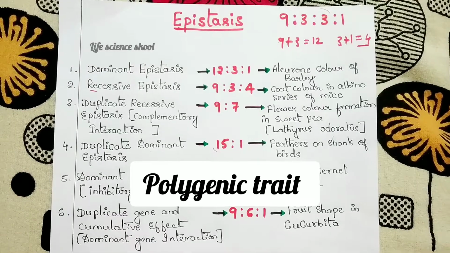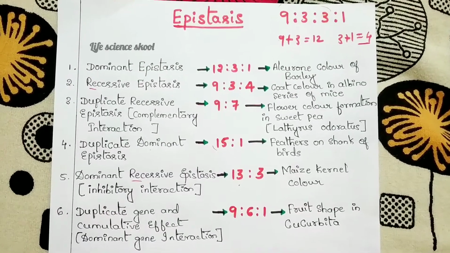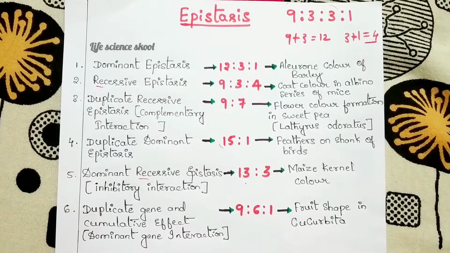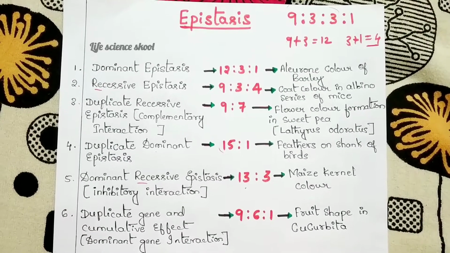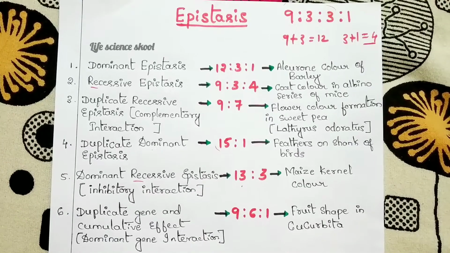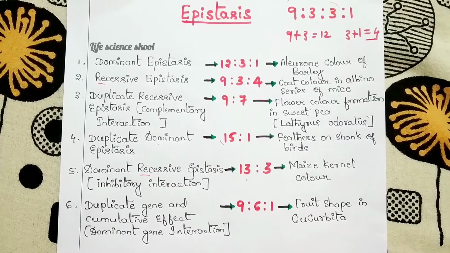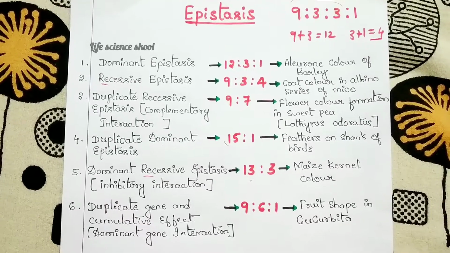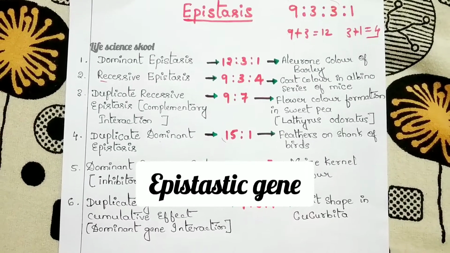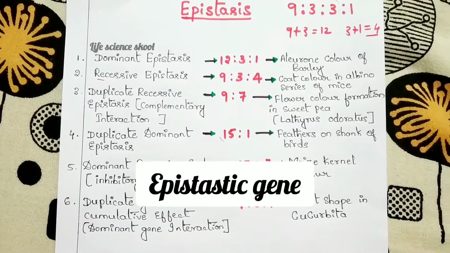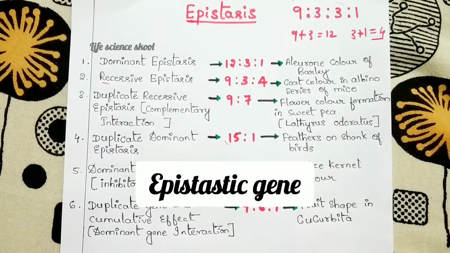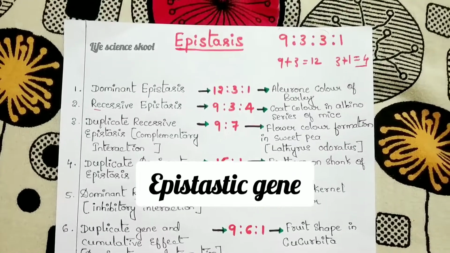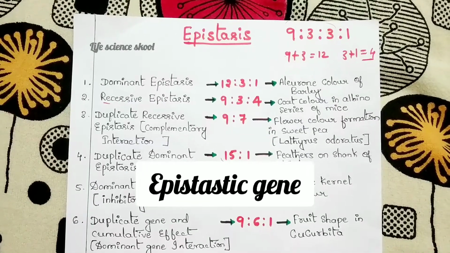It is important to note that not all polygenic traits demonstrate epistasis all the time. For a polygenic trait to demonstrate epistasis, there must be an epistatic gene present. So, what is this epistatic gene? An epistatic gene is a gene which, if present, will suppress or interfere with the effect of another gene.